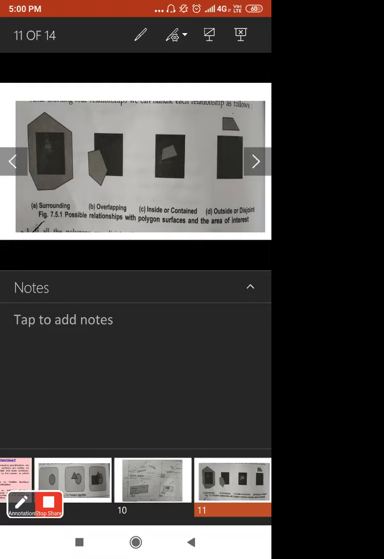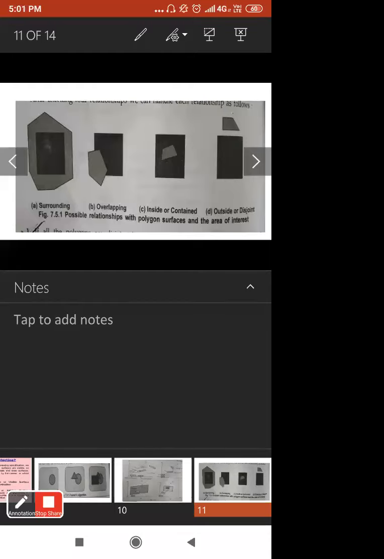In this diagram there are four possible relationships, A, B, C, D. What is A? A is the surrounding polygon, which means the area of interest is surrounded by your polygon.